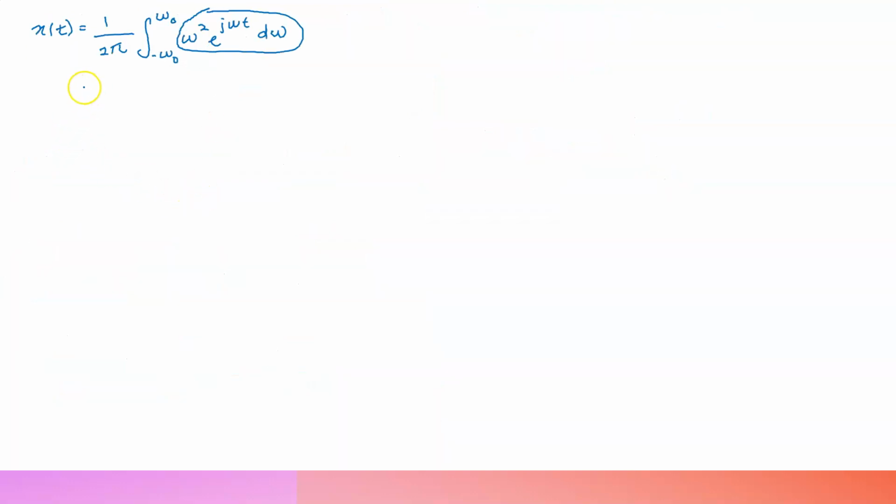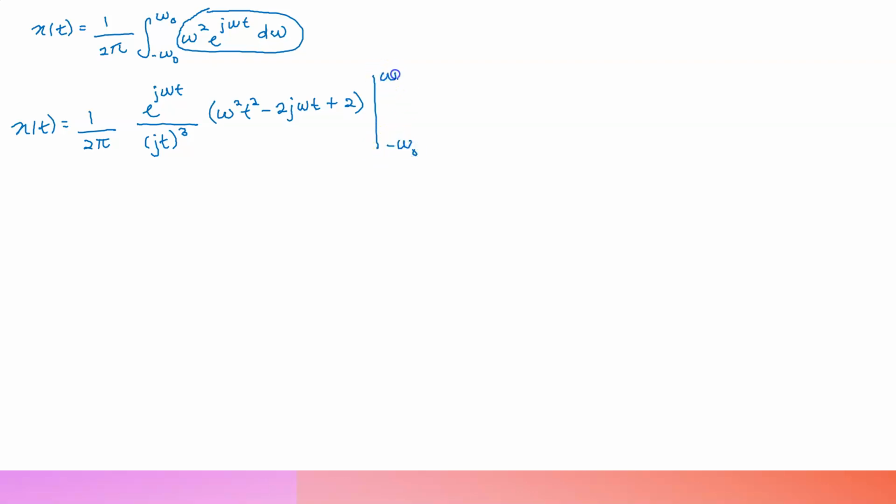If we do that, we have x of t equals 1 over 2 pi, and if I take out the common expression, I will have e^(j omega t) over jt cube, multiplied with omega square t square minus 2j omega t plus 2, and the limit of the integration is from minus omega naught to omega naught.